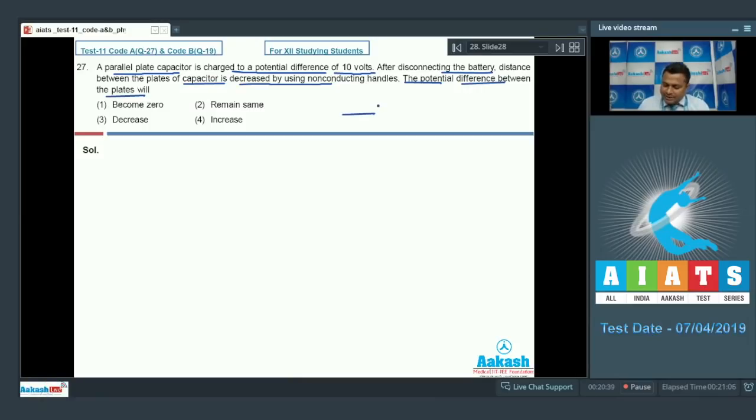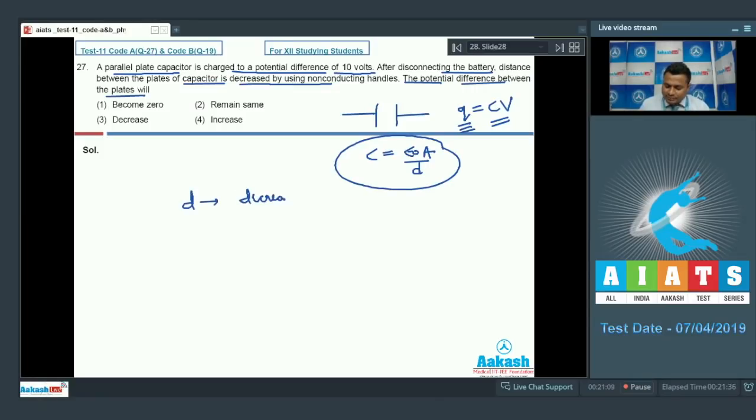Now, this is the parallel plate capacitor. Capacitance at an instant is given by C equals epsilon naught A divided by d, and if potential difference is V and capacitance is C, then charge stored Q will be given as CV. Now battery is removed, so charge is going to be constant. If the distance between the plates is decreased, means if we decrease the d, then what will happen with C?